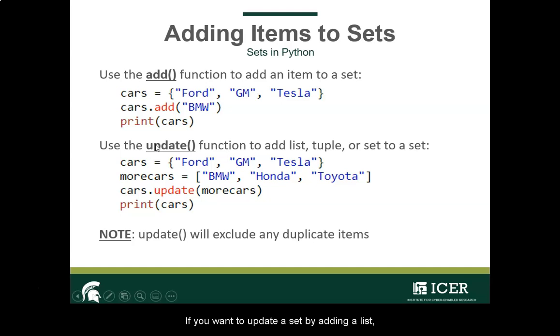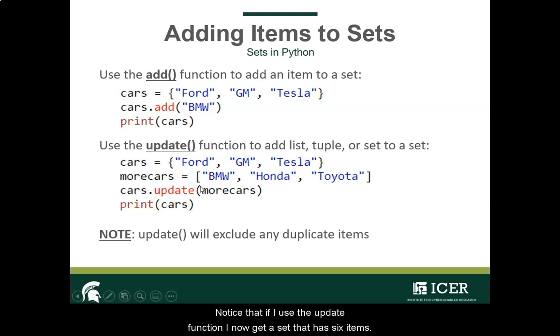If we want to update a set by adding a list, a tuple, or another set to it, we use the update function. So here we give the same set as cars, but now we have more cars, which gives a few more string items in a list format.